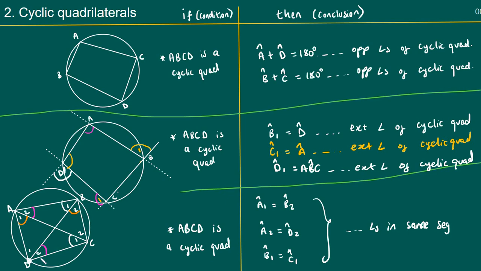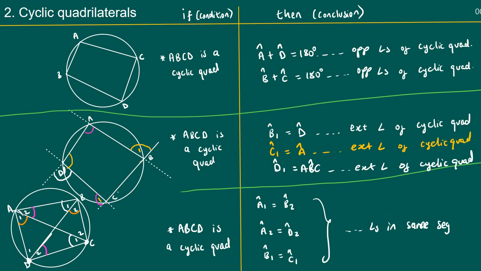If I move from D and C and follow where those points are going, they form an angle D1 at this part of the circumference. And if I move from the very same points again to where they are going, they form B2 at another part of the circumference. So because of that, we say A1 and B2 will be equal. Your reason: because these are angles in the same segment.